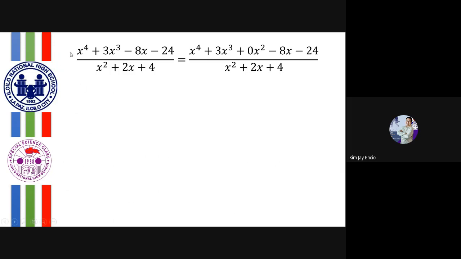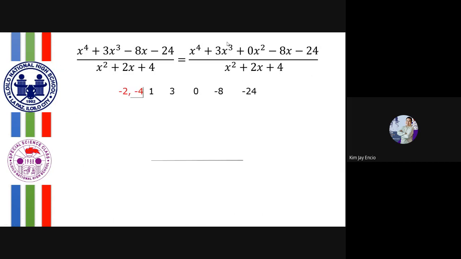In the given polynomial, we have degree 4, 3. We don't have degree 2, we have 1 and 0. That's why it's important to have the plus 0x squared here. We have degree 4, 3, 2, 1, 0. There's no missing degree for our divisor, x squared plus 2x plus 4.